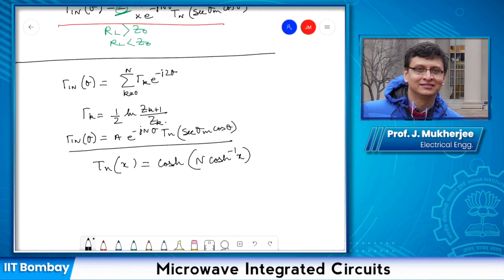So now here, instead of x, if we substitute sec theta m, then the expression we get is this.